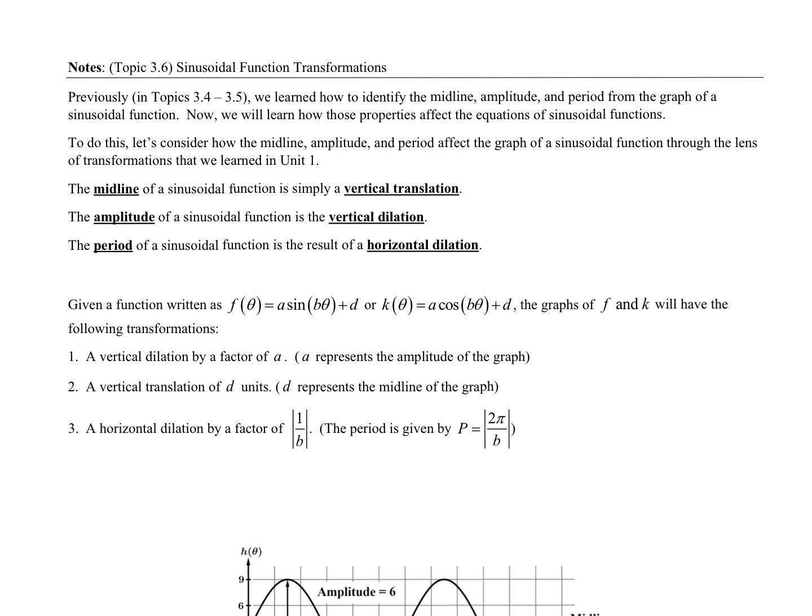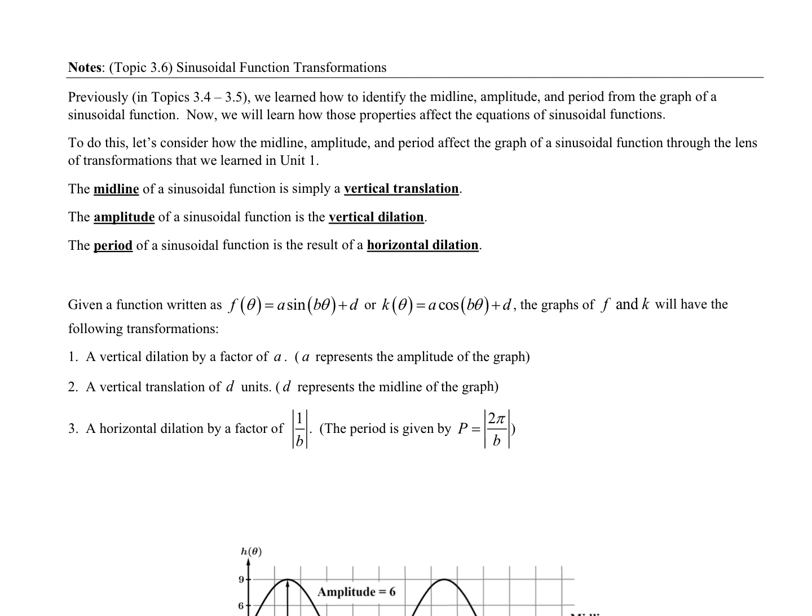So the a represents our amplitude. Number 2, a vertical translation of d units. D represents the midline of the graph, so that will shift it vertically. Number 3, a horizontal dilation by a factor of 1 over b. The period is given by p equals 2 pi over b.